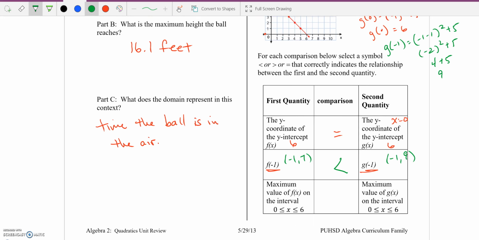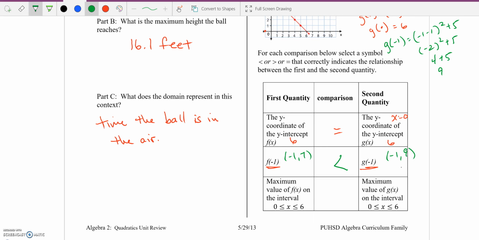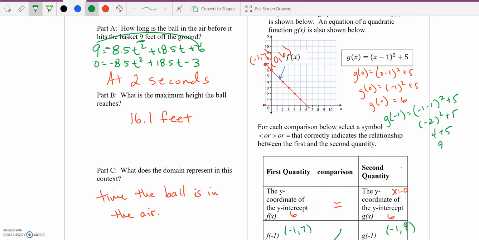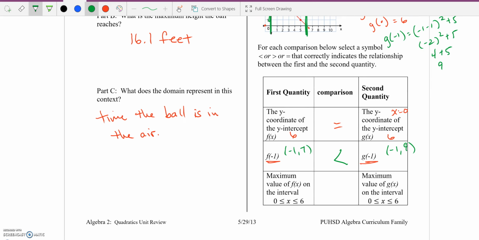And the third one, the maximum value of f of x in the interval 0 to 6 versus the maximum value of g of x in the interval 0 to 6. So from 0 to 6, that's x value, so I'm looking from this point to this point. My greatest value between those is at my y-intercept, so my greatest value is 6.